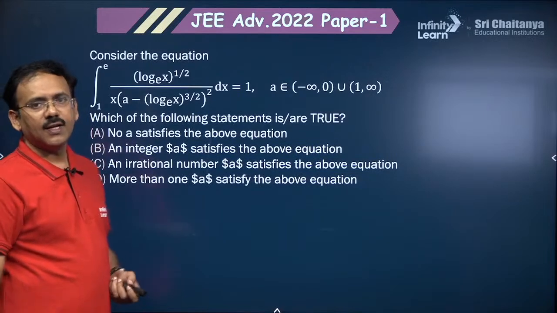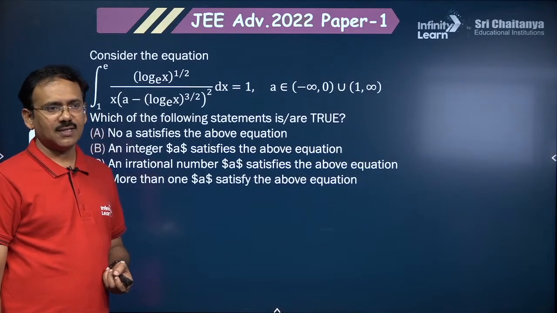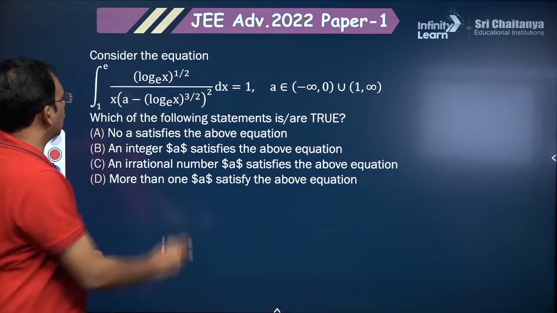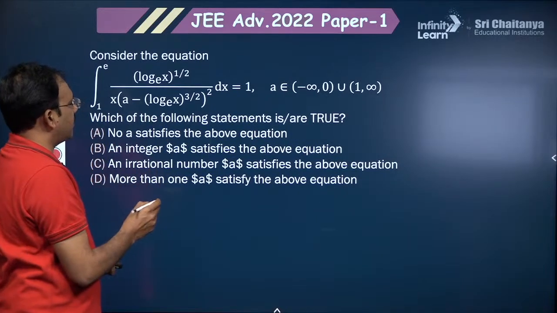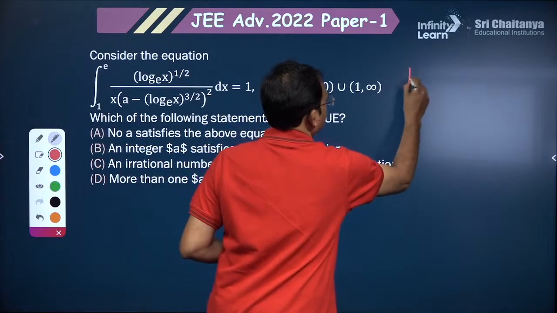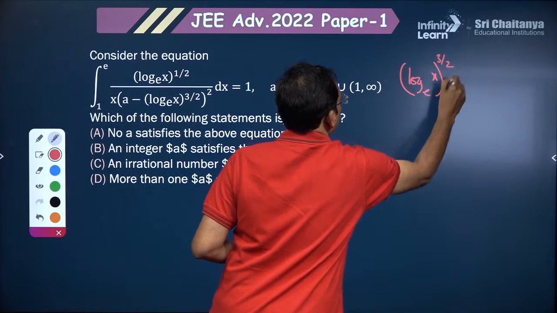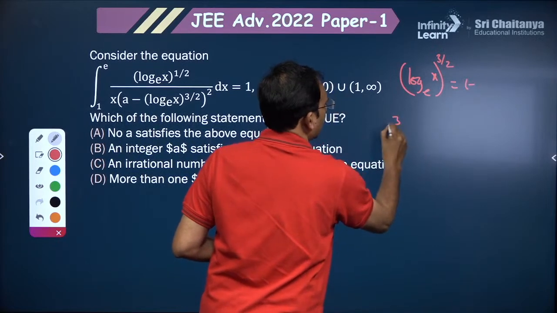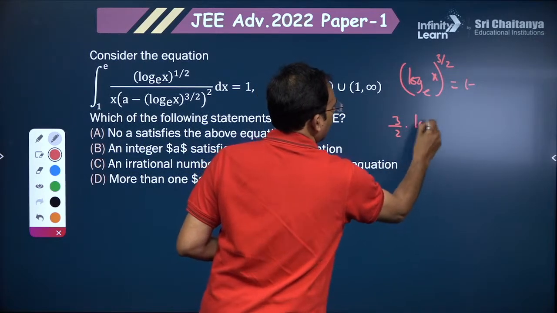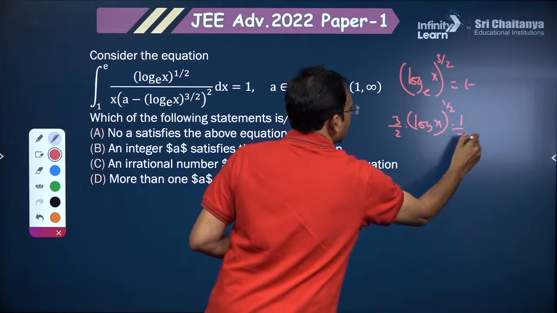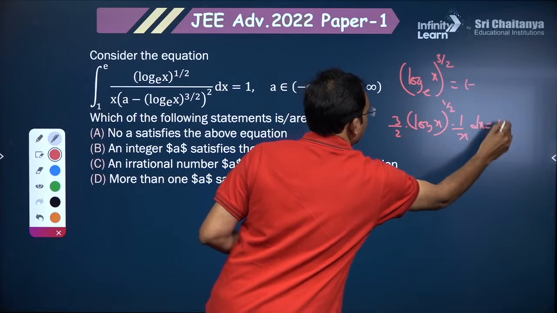Now coming to multi-correct answer type questions. You see, dear friend, this is a simple integral, so why don't you choose (log x base e) to the power 3 by 2 as t, so that n into x to the power of n minus 1, into 1 by x into dx, will become dt.